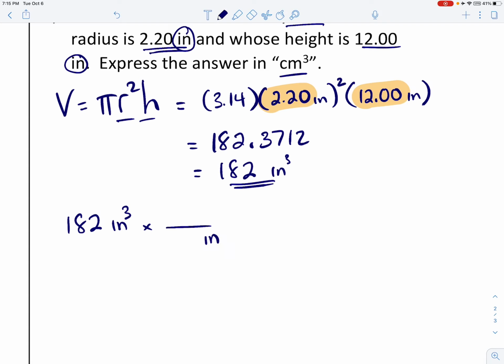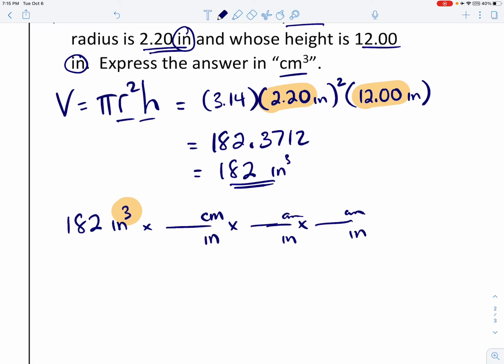So I'm going to try to convert cubic inches into cubic centimeters. So I'll put inches in the denominator of this unit multiplier, and I'll put centimeters in the numerator because I'm trying to find cubic centimeters. Now, because we had cubic inches, we're going to need to use this unit multiplier not once, but 3 times.